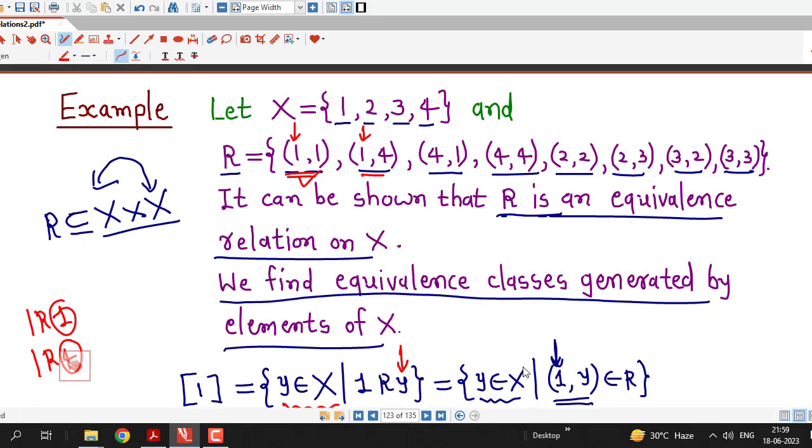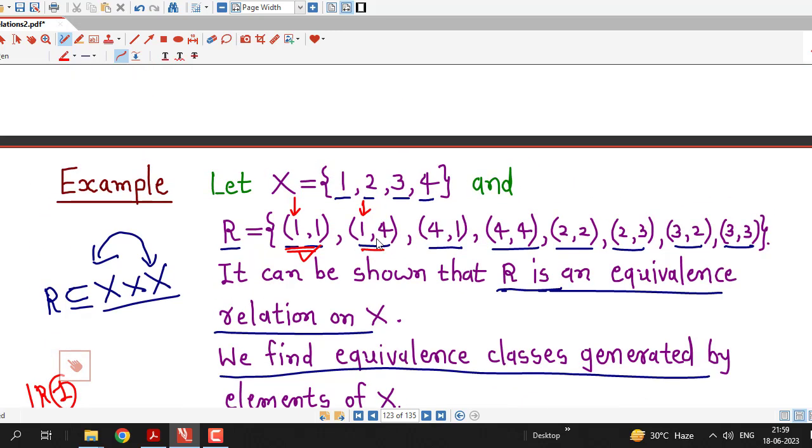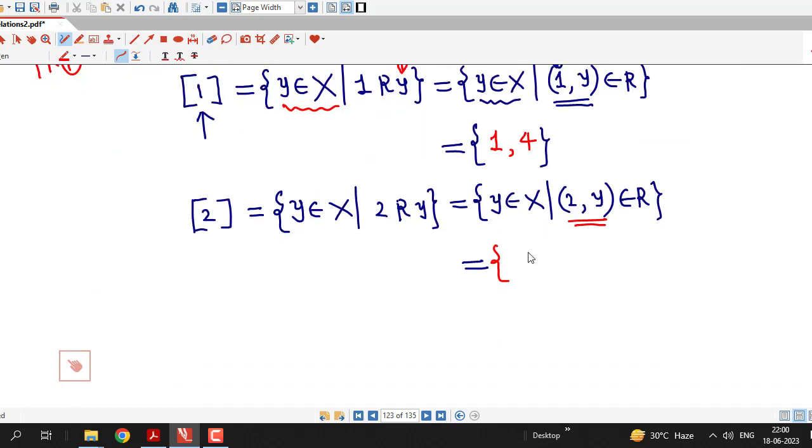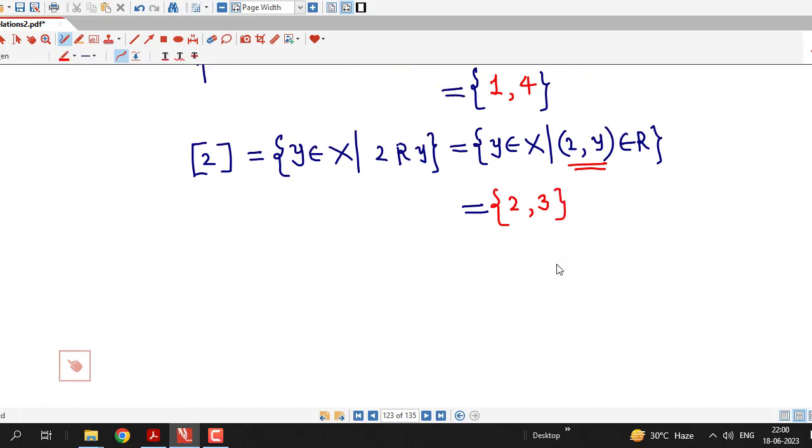So let me see this relation and I have to search for that ordered pair whose first component is 2, and there are two ordered pairs having first component 2. So for this ordered pair we can say that 2 is related to 2 and here 2 is related to 3. Therefore relatives of 2 are 2 and 3. So here I have to write 2 and 3. This is the equivalence class generated by element 2.